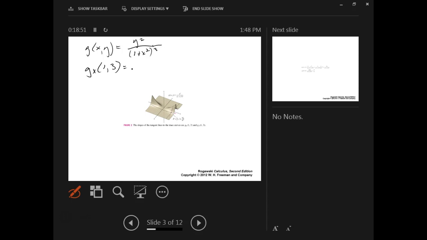So let's first take the partial with respect to x. I think there's a couple ways you can go about doing this. I prefer writing this for the first partial as y squared times 1 plus x squared to the minus 3. Now I want to take the partial of that with respect to x. What do you reckon that's going to be?